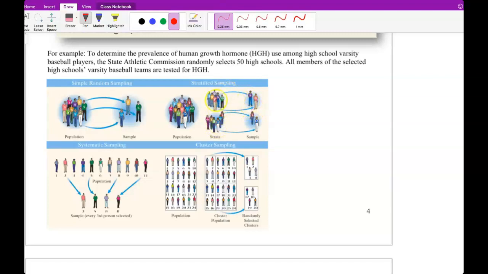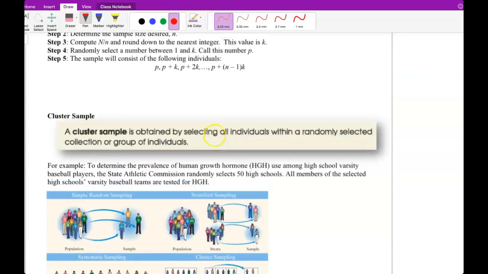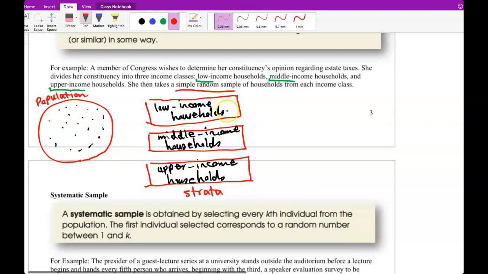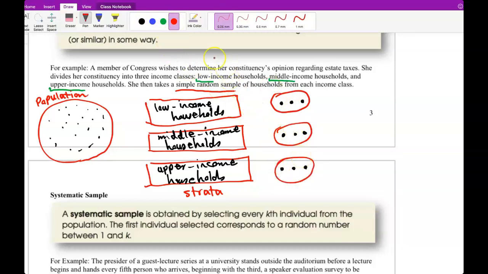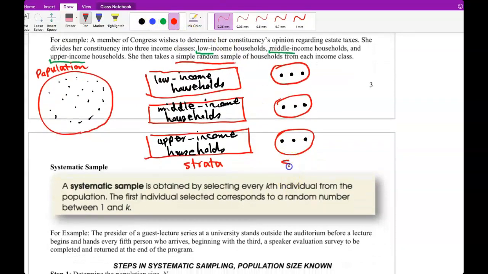Here we have 2 from the first group, another 2 from the second group, doing the same thing. Let's say I choose 3 from each one. So this part is the sample.